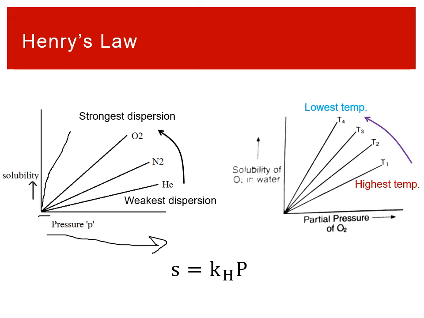We can also see the effect of temperature. T1 is our highest temperature, and T4 is the lowest temperature. And so we can see that at those high temperatures, T1, it's again really hard to get the molecules to dissolve, because we know at high temperatures you have lower solubility. Those molecules are moving faster, you have weaker intermolecular forces. You can't get these gas molecules to dissolve into the water.